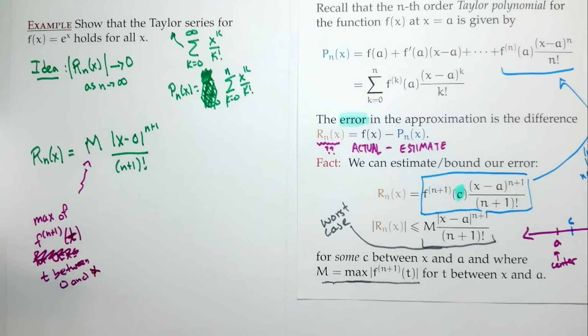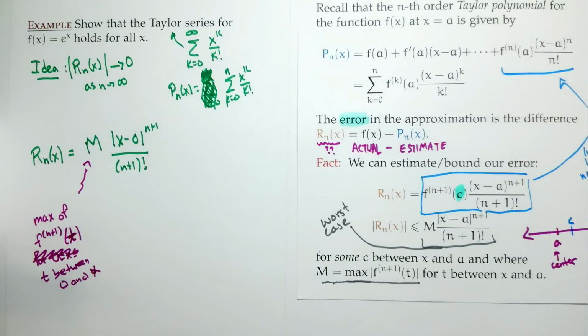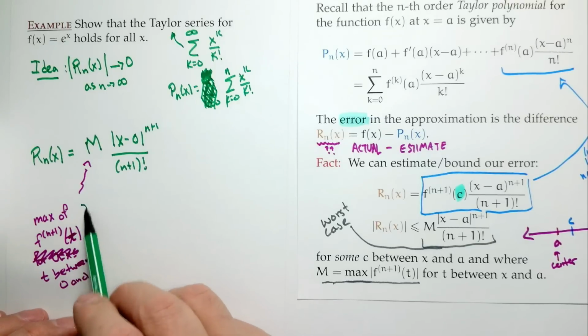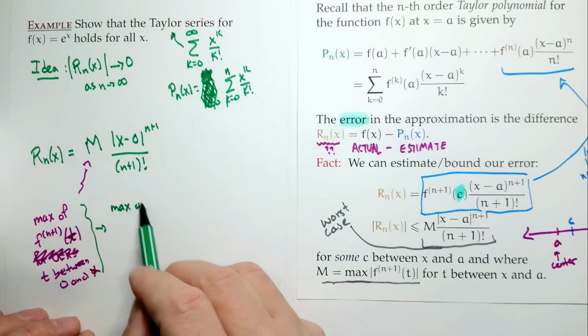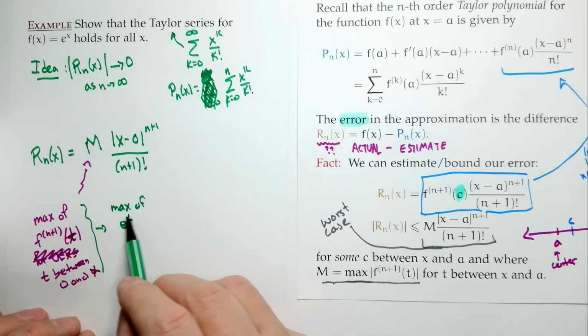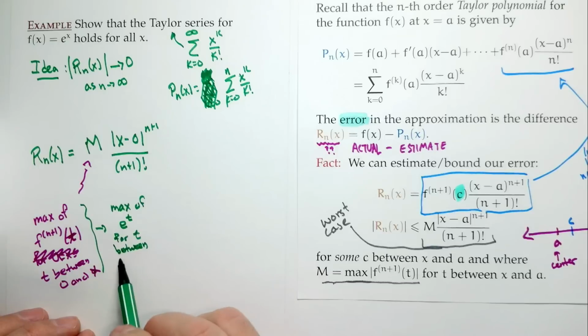Sorry. Okay, so when we take the n plus first derivative of e to the x, it is e to the x. So what we really get is that M becomes the max of e to the t for t between 0 and x. Okay, so far so good.